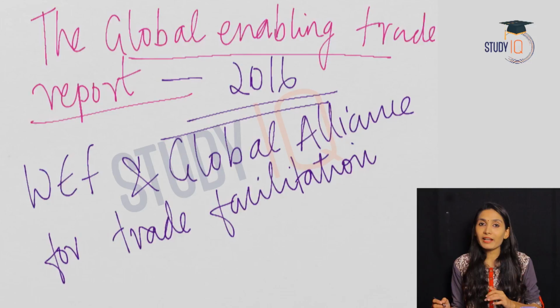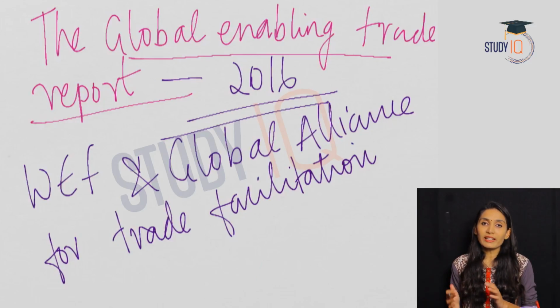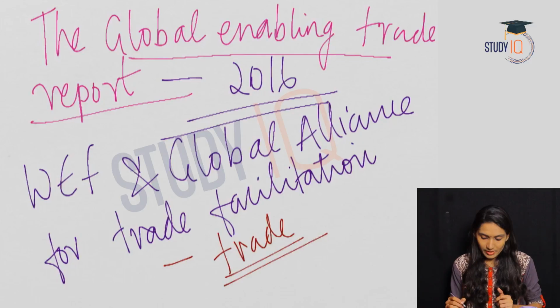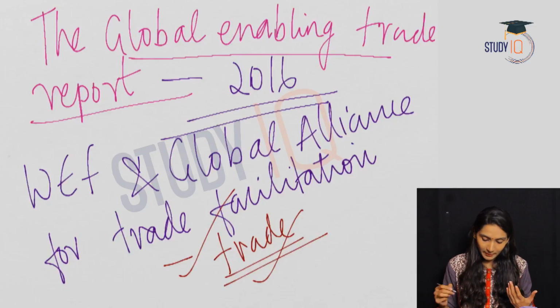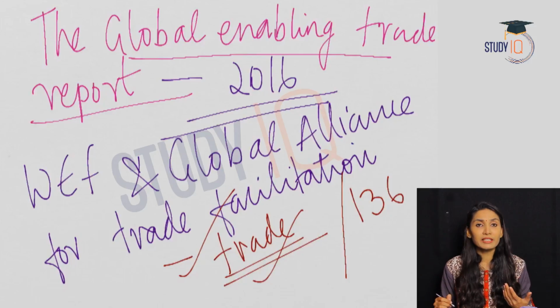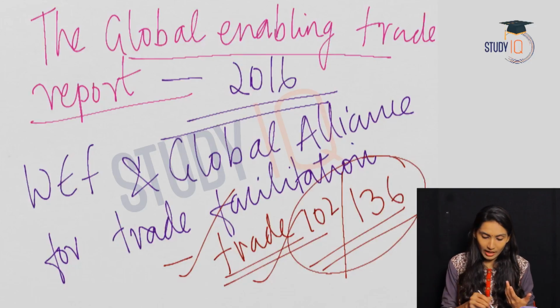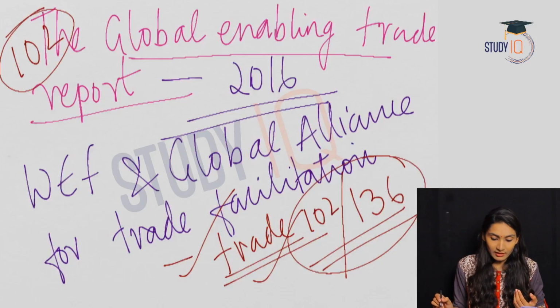This report is prepared based on the capacity of an economy to facilitate trade or the movement of goods over borders or to their destination, which means how well a country is able to facilitate trade. 136 countries are evaluated by the World Economic Forum in this report. The rank of India is 102, with regard to facilitation of trade or movement of goods in the country.